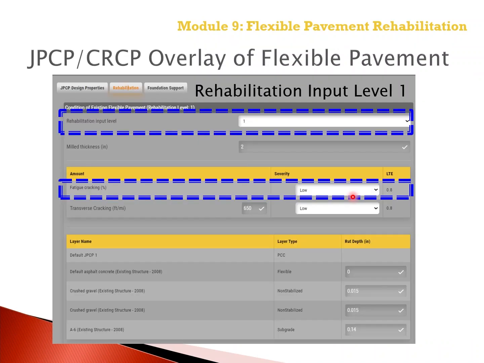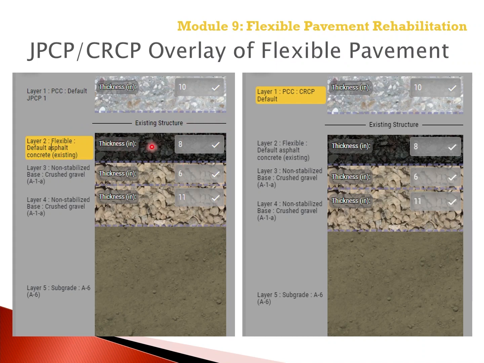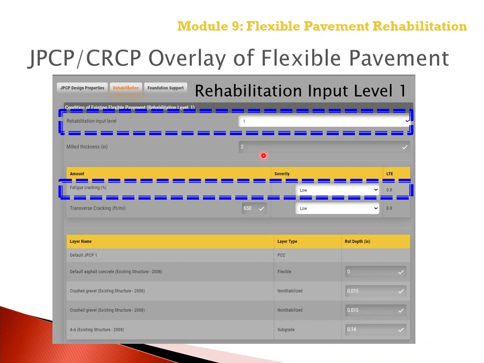The difference is in the characterization of the existing asphalt layer. Rehab input level 1, that's using deflection test to define the amount of damage in the existing asphalt layer, regardless of whether it is a JPCP or CRCP overlay.